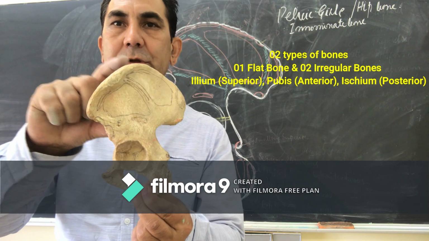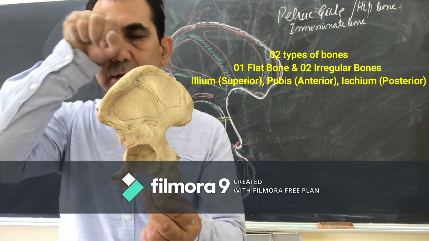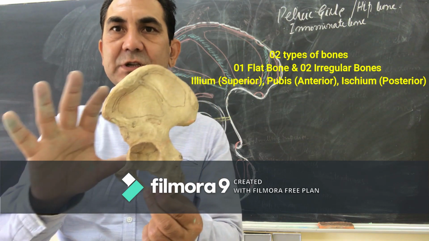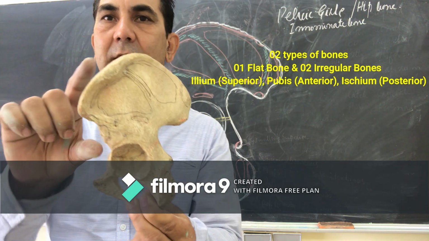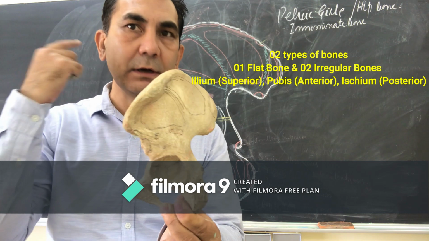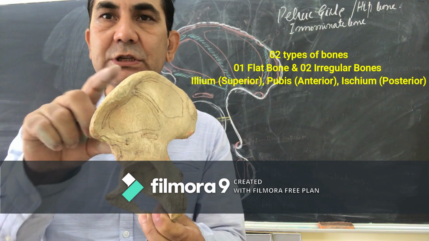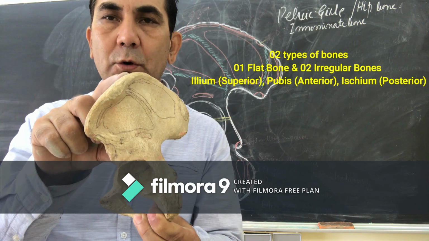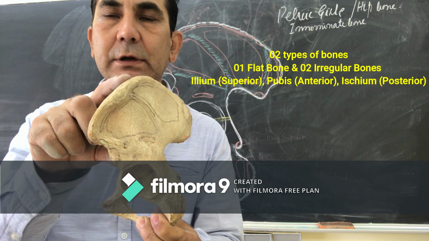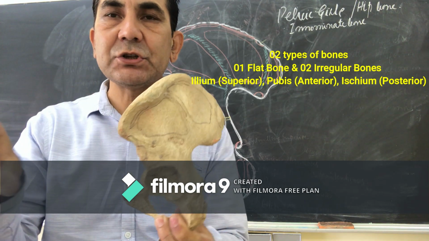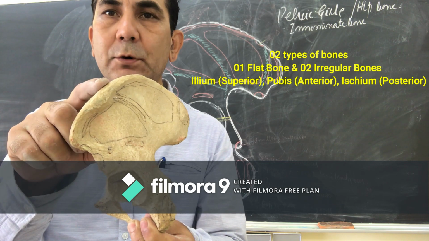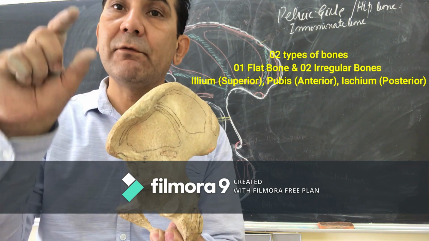The upper portion of this bone, which is broader in shape and looks like the ear of an elephant, is flat in structure. This is called the ilium, and it is a flat bone.